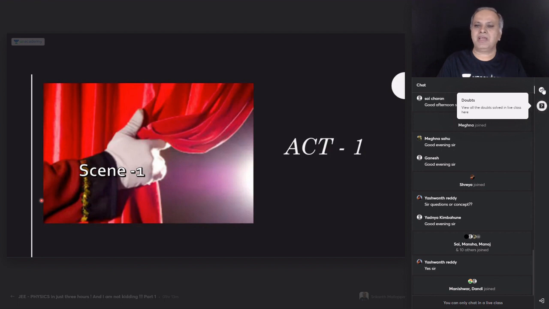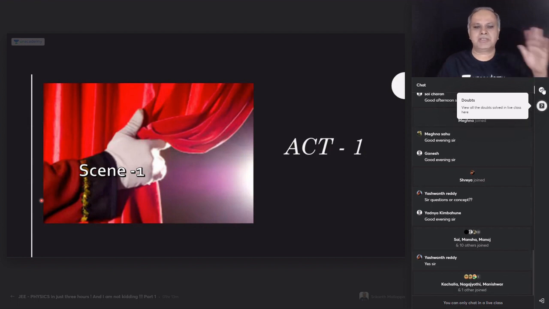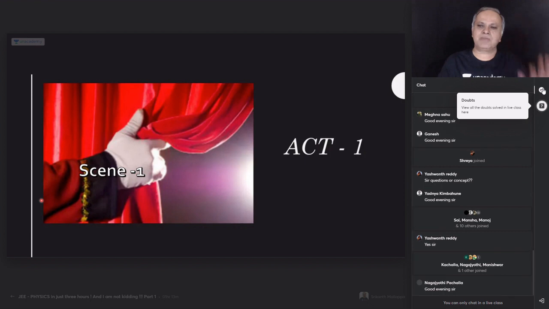And every day I was talking about note making, which actually is the most important thing. Yes, I divided the whole into 3 sessions. Today, tomorrow 10 to 11 in the morning, tomorrow 9 to 10 in the evening, in the night. All these things I made into acts and scenes so that we have clear-cut separation for what we are talking.